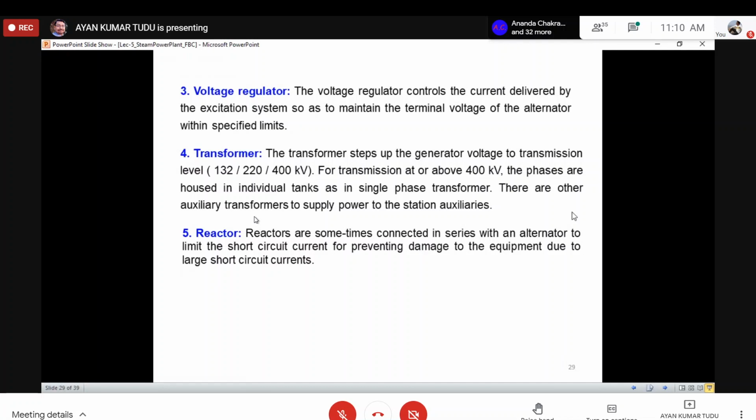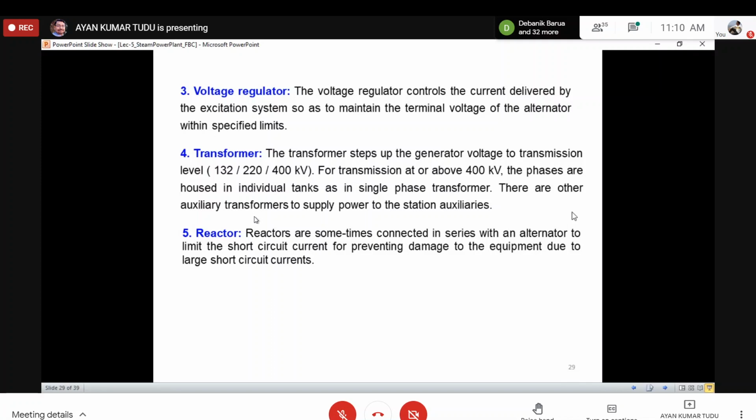Then we have voltage regulators. The function of the voltage regulator, as you can understand, is to control the current delivered by the excitation system so as to maintain the terminal voltage of the alternator within specified limits. We can define the functions of the voltage regulator in three types.